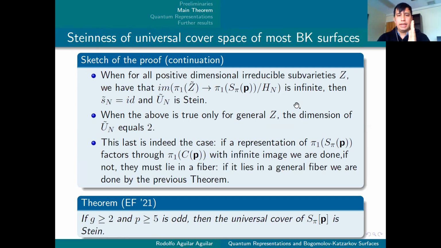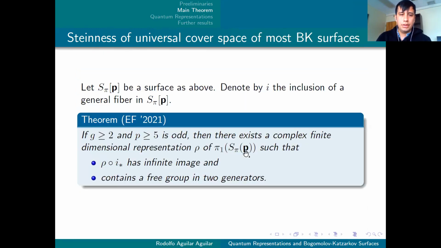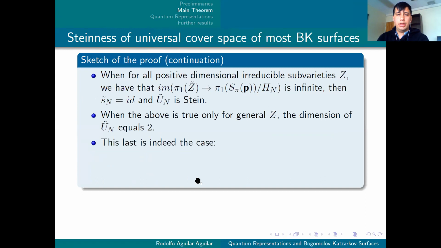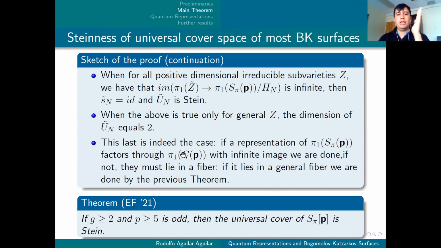And if it is in a general fiber, we use the theorem before, the main theorem. So if it is in the fiber, then we have a representation with infinite image. And for general ones, of course, they will have infinite image. The only case that remains is that they lie in the singular fibers. And then that is the proof of this theorem.